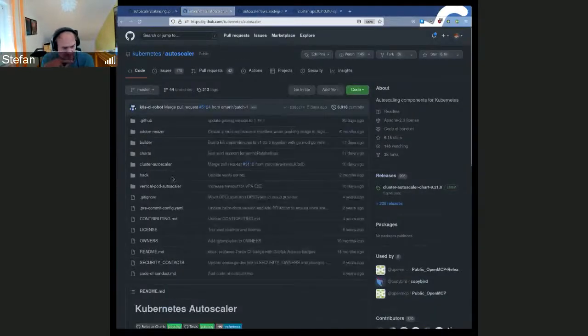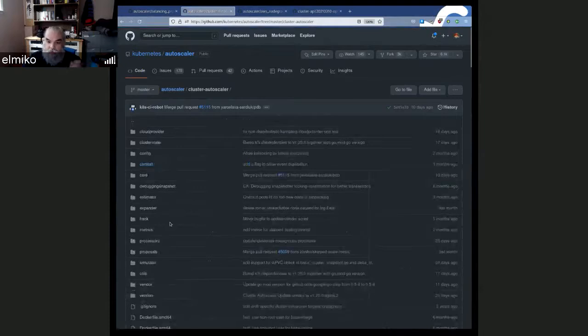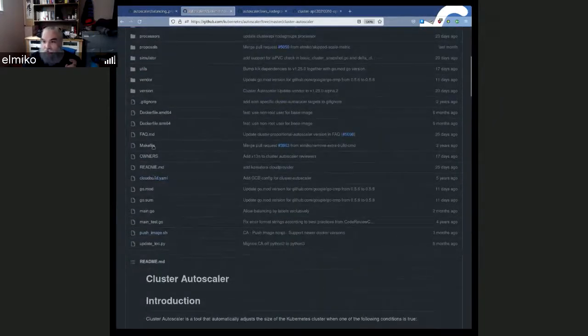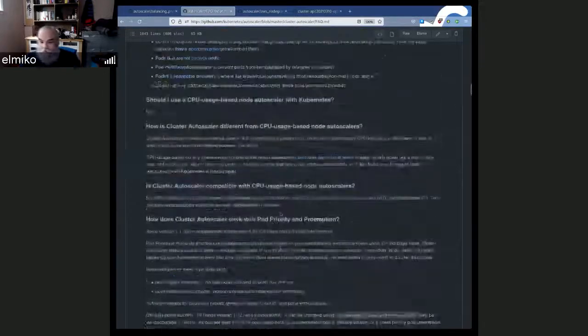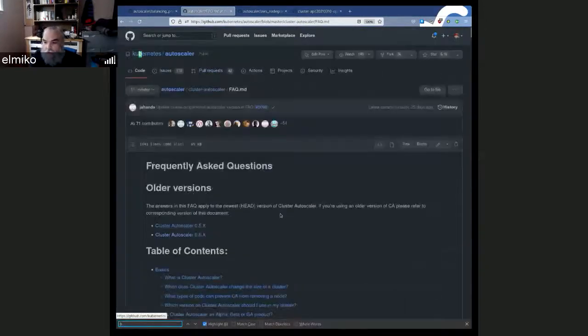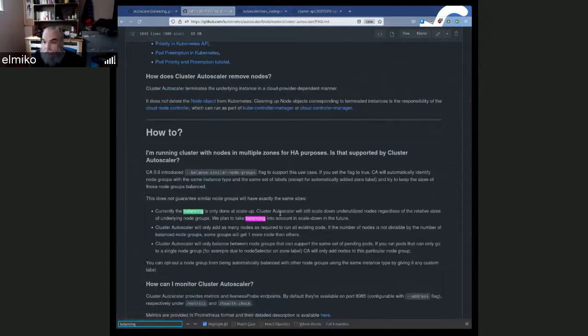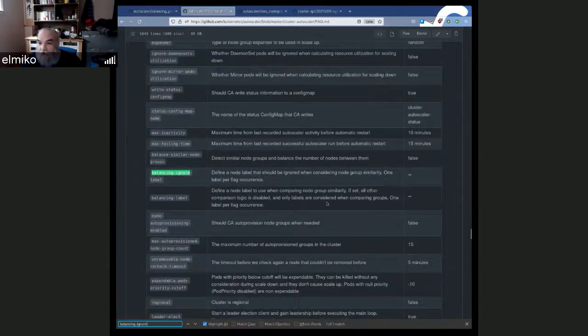Right. Now you're jumping ahead a little bit, sorry, but I appreciate it because it allows me to talk about this next. I'll do a little diversion here and then we'll go back. So you're absolutely right. And there is another flag here called balancing ignore label.